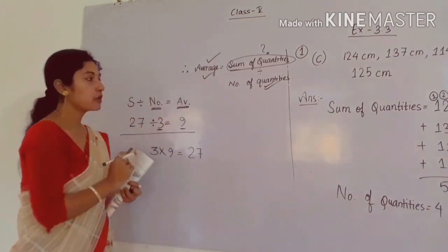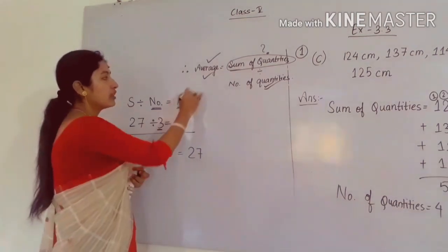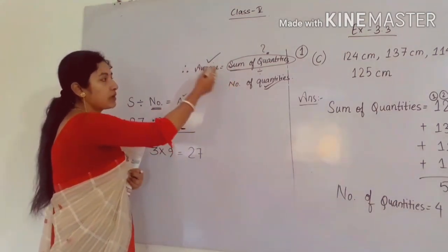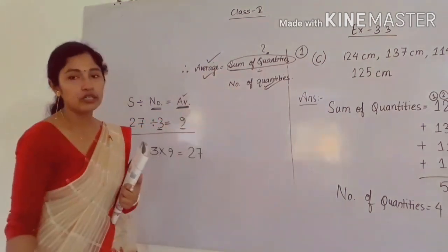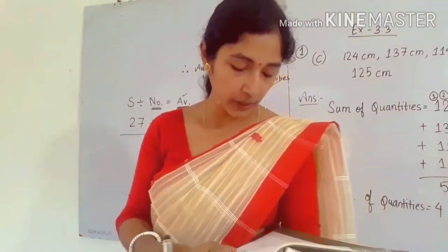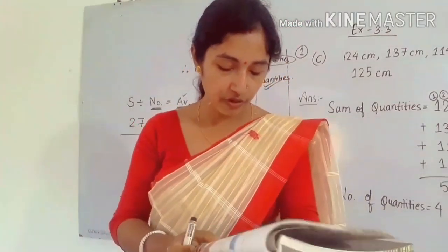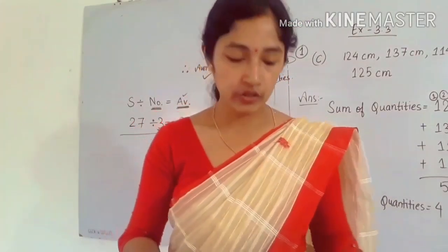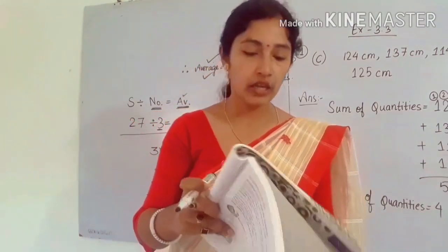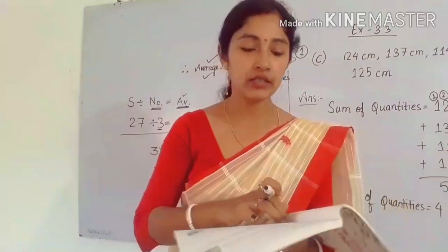In this particular question, average is given and number is given. That means you have to multiply average with number of quantities to get the sum of quantities. So you have to multiply 95 with 4. Try to do exercise 3.2 and 3.3, and if you have any doubt, please ask me.